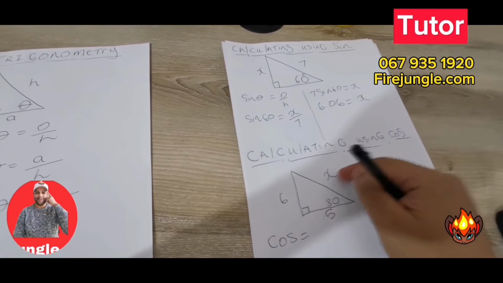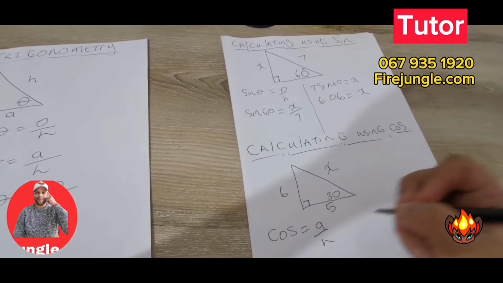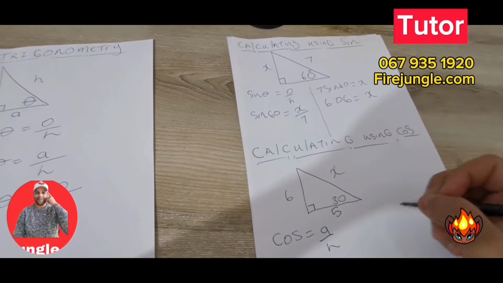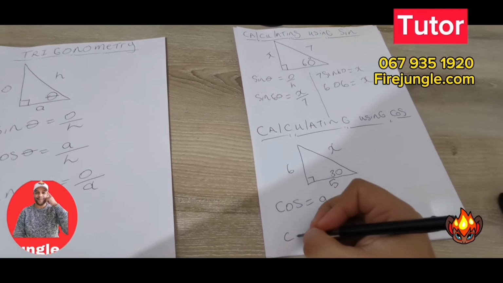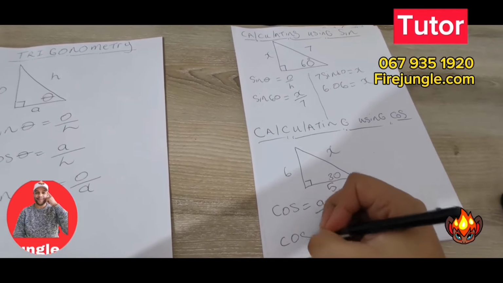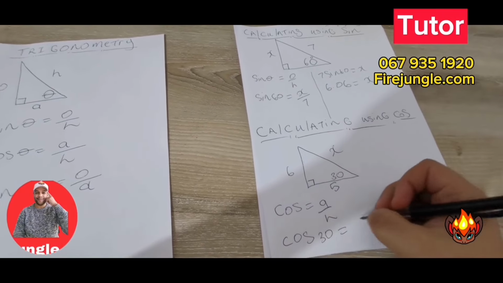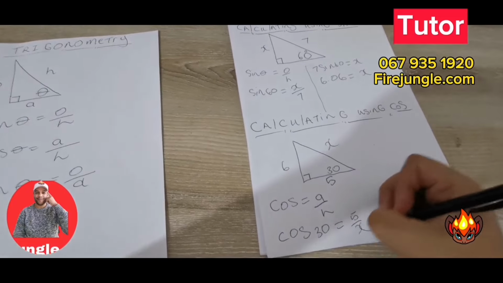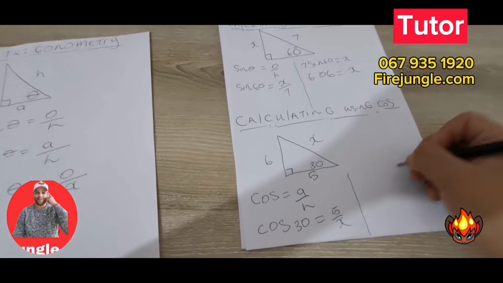So let's go about calculating that. Cos 30 is equal to 5 over x, where 5 is the adjacent side.